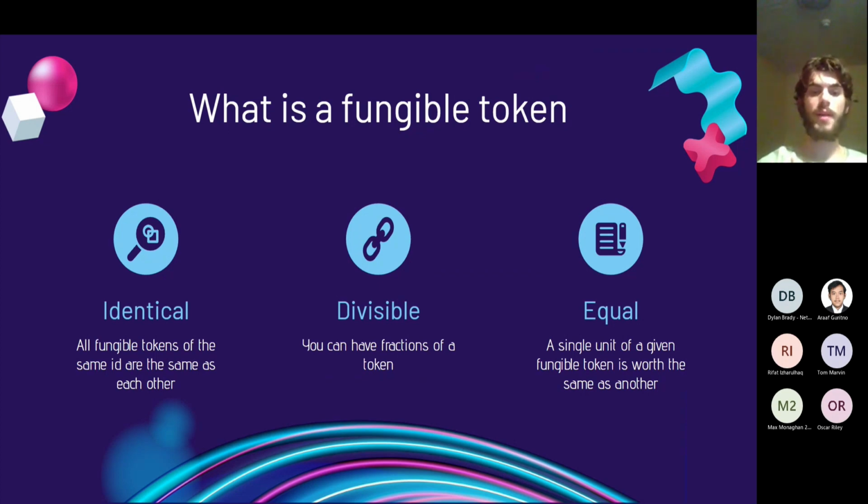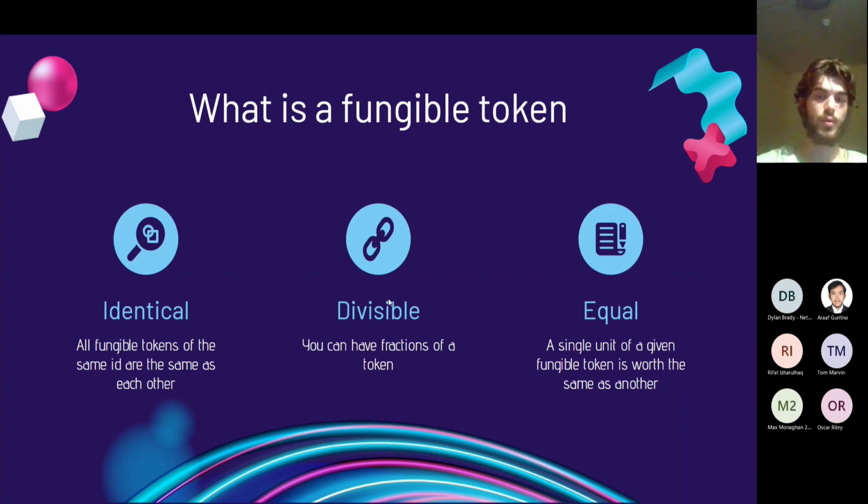Because if I have 1 Bitcoin in my wallet and all of you guys have 1 Bitcoin in your wallet, I wish we did, then all of these Bitcoins are totally identical. No Bitcoin has any higher intrinsic value or better properties than all of the other Bitcoins. So that's what I mean by a fungible token being identical.